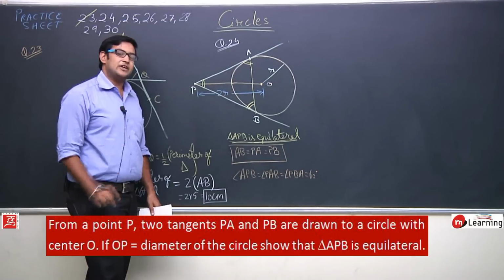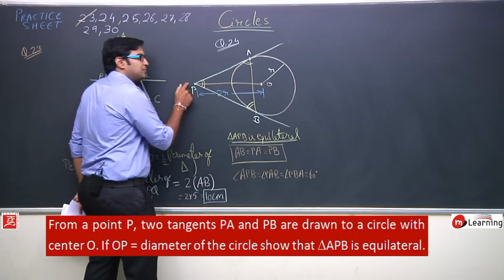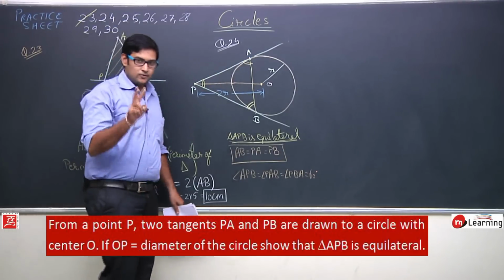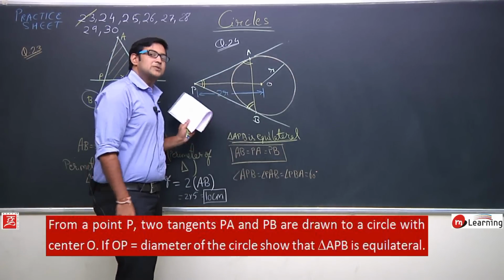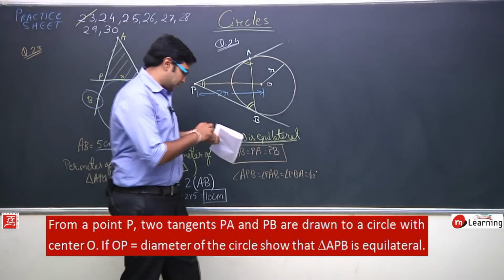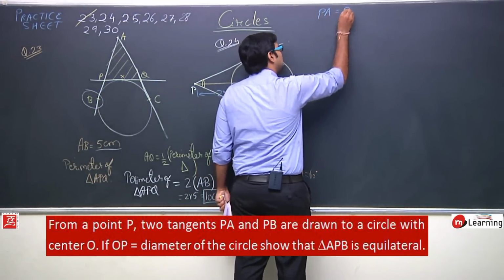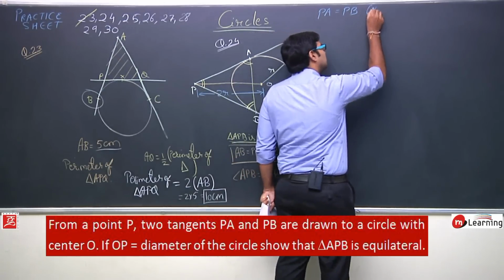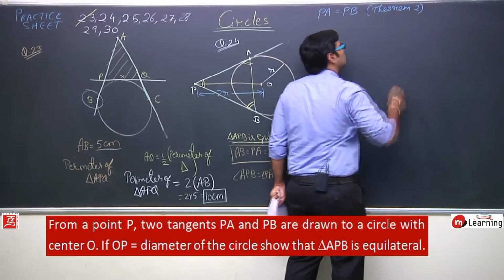The first thing that we can note is that two tangents are drawn from this point P, PA and PB. And if P is an external point and two tangents are drawn to a circle from this point P, I can say PA is equal to PB. Why? Because of theorem 2.